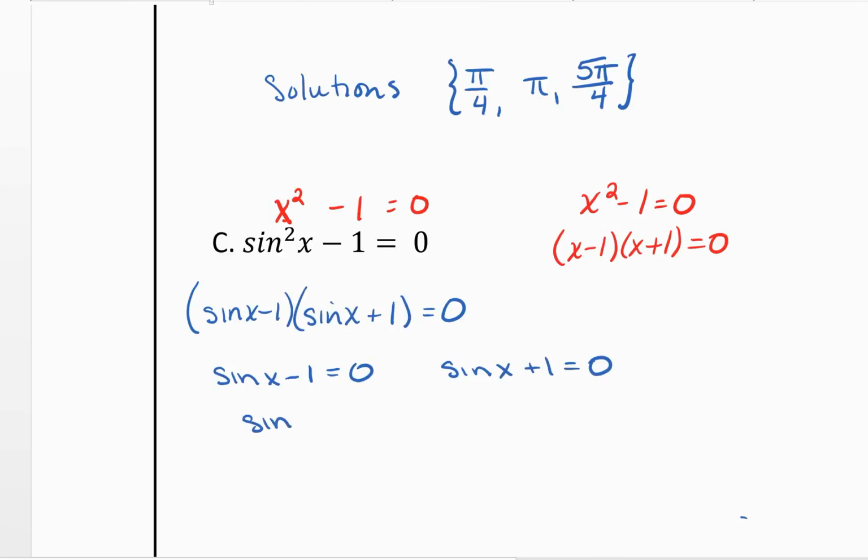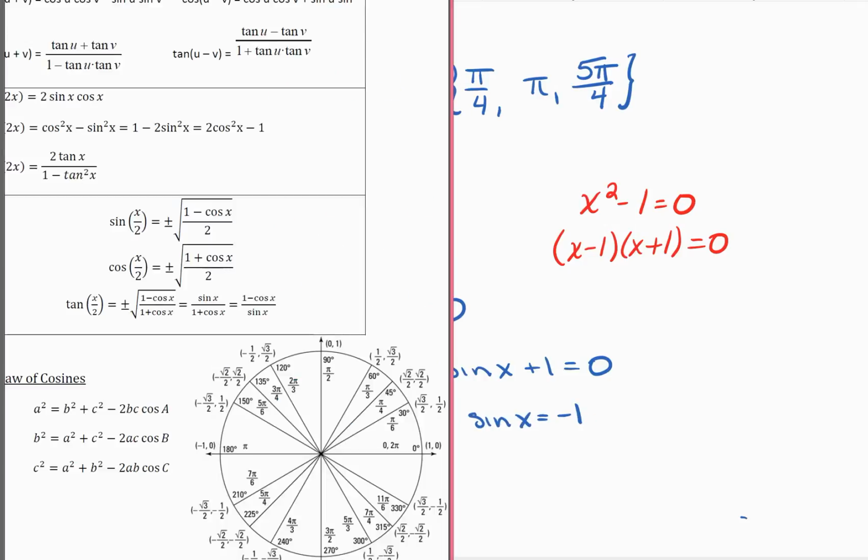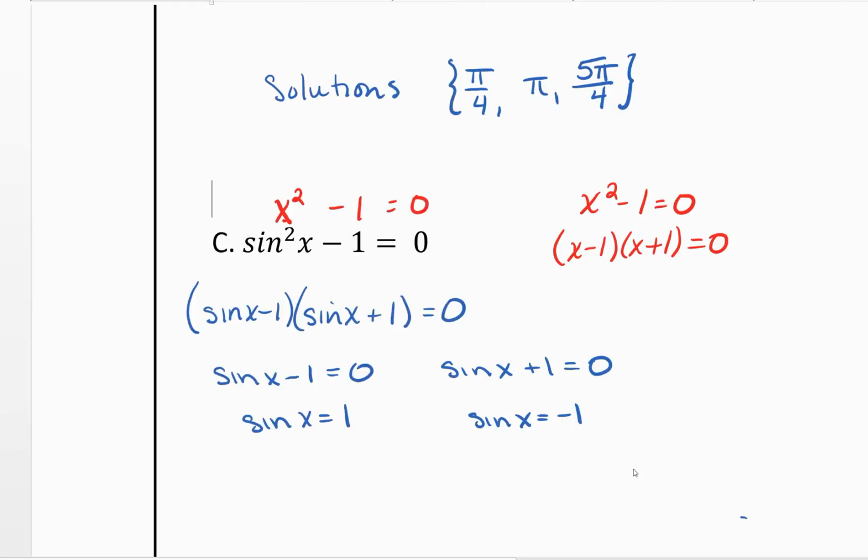So we need where sine of x equals 1 and sine of x equals negative 1. So we want all the places on the unit circle where the y is 1 or negative 1. And I know the screen's kind of cutting this off, but it's 1 at pi over 2 and it's negative 1 at 3 pi over 2. So our two solutions are pi over 2 and 3 pi over 2.